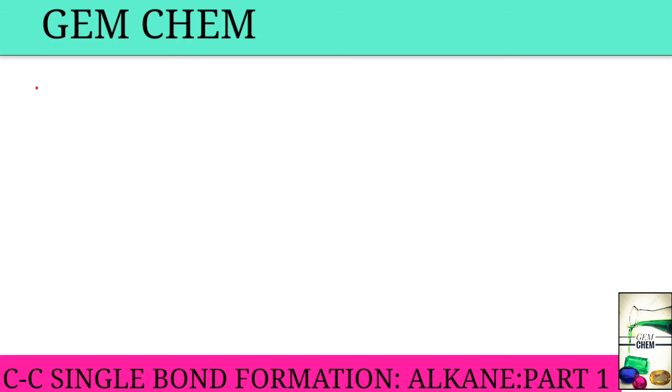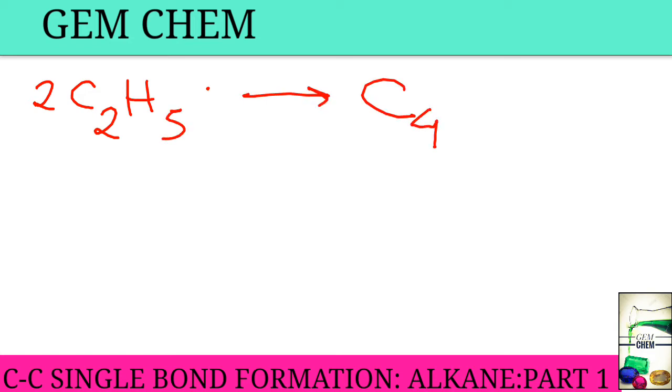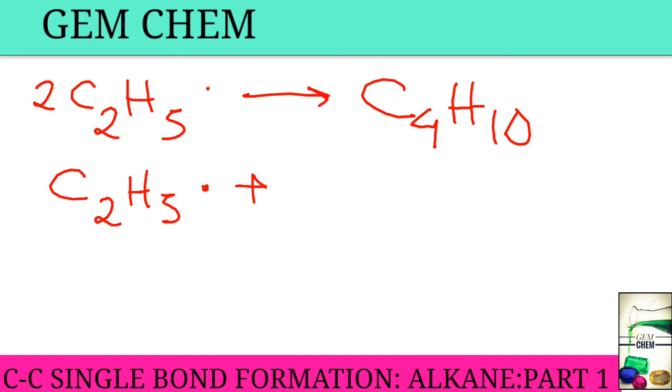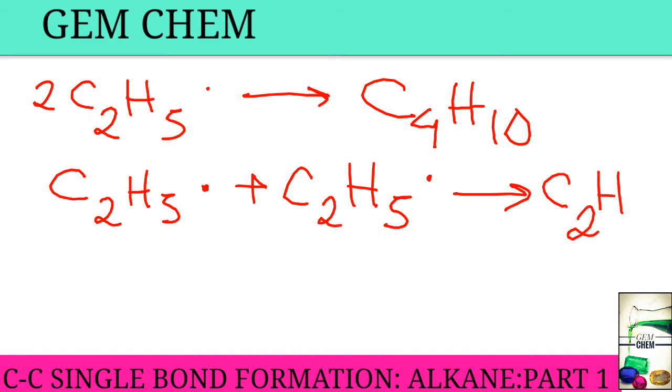Now 2 C2H5 dot basically forms butane, that is C4H10, whereas C2H5 plus C2H5 can undergo disproportionation to form an ethane molecule as well as an ethene molecule. So C2H6 plus C2H4.